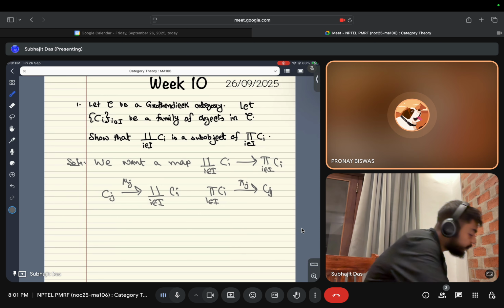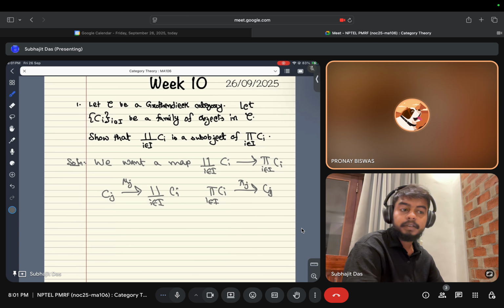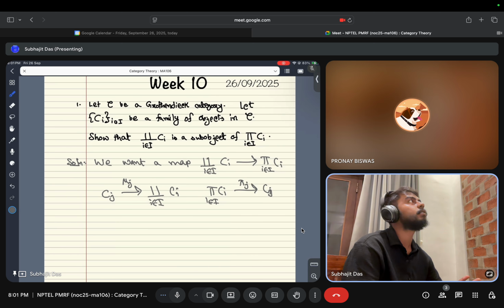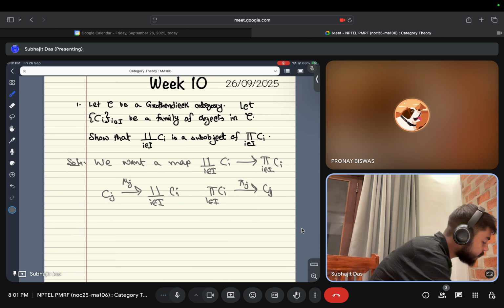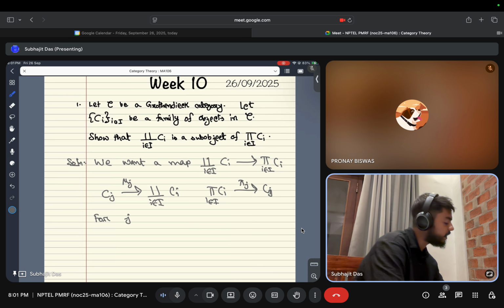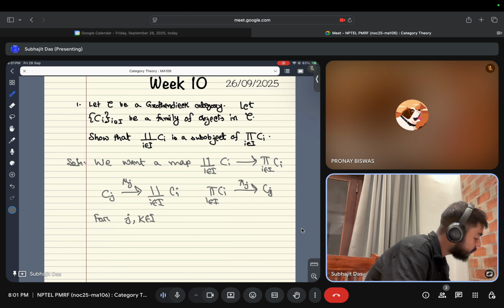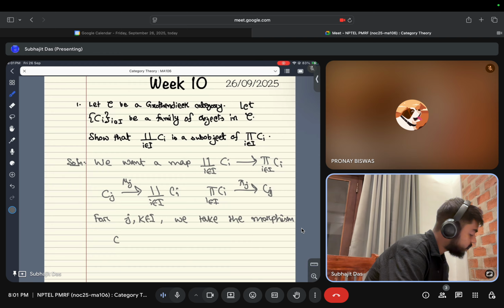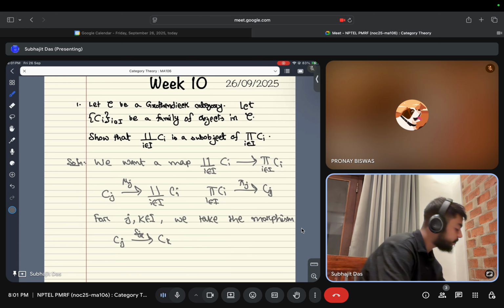It's just the Kronecker delta, right? So for j comma, let's have one more variable which is different, k, j and k in I, we take the map from Cj to Ck, delta jk, the Kronecker delta.